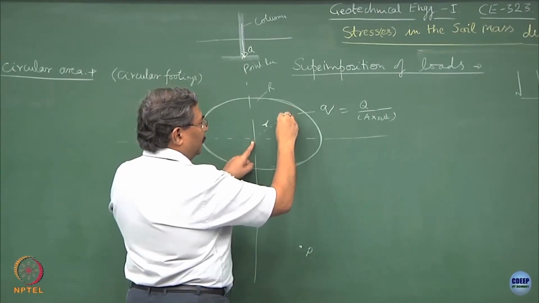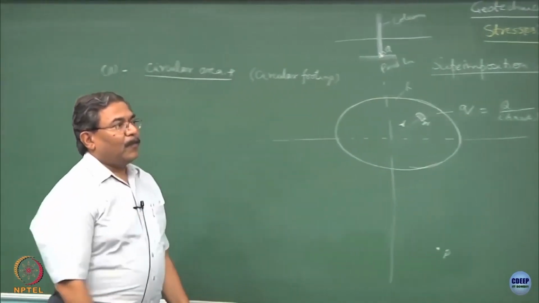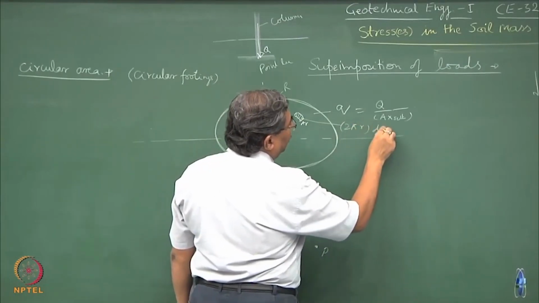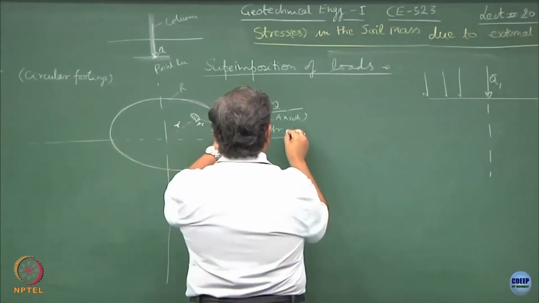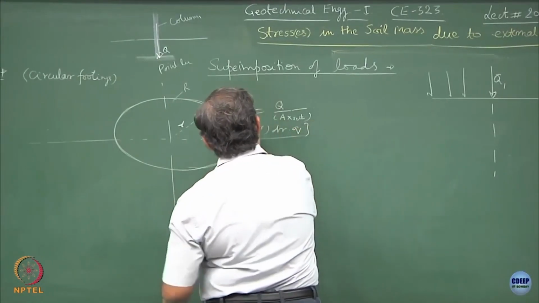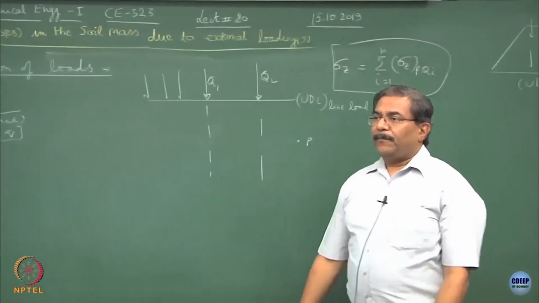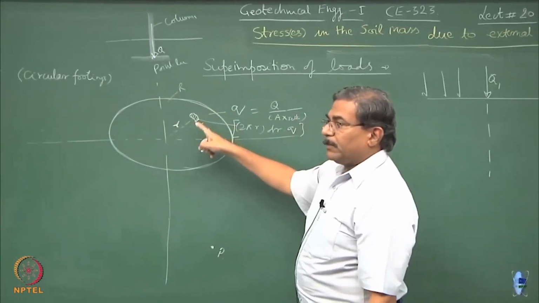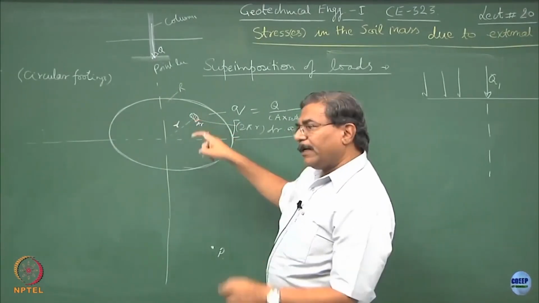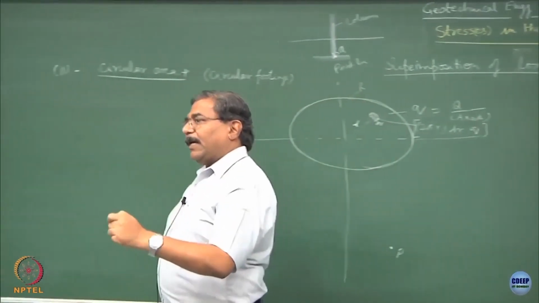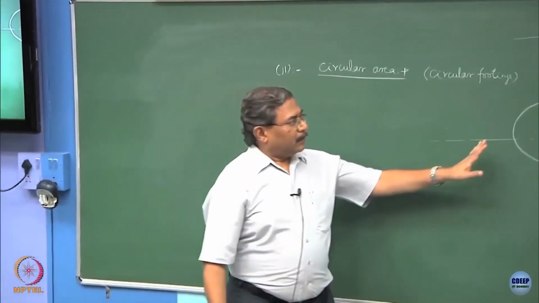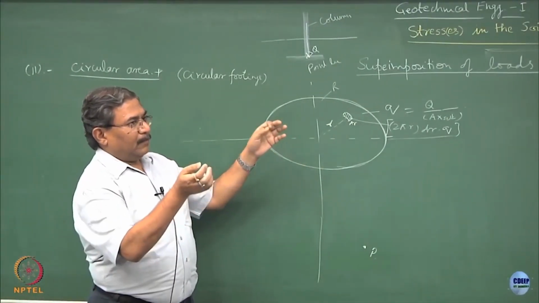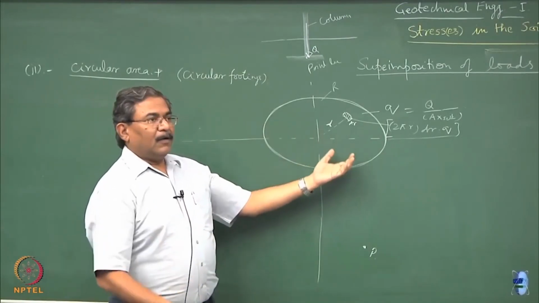Area of cross section of this can be known, that will be 2 pi r into dr, and if I know the loading intensity small q, it gets multiplied by it, this is the load. Nothing so great. What I have done is the entire circular area which is uniformly distributed loading, I have converted again to a point load, and I am assuming here that the circular loading is also an assembly of several point loads acting on the soil mass.